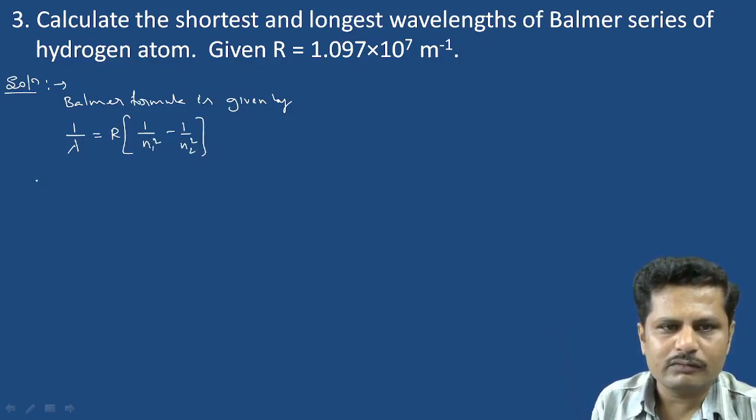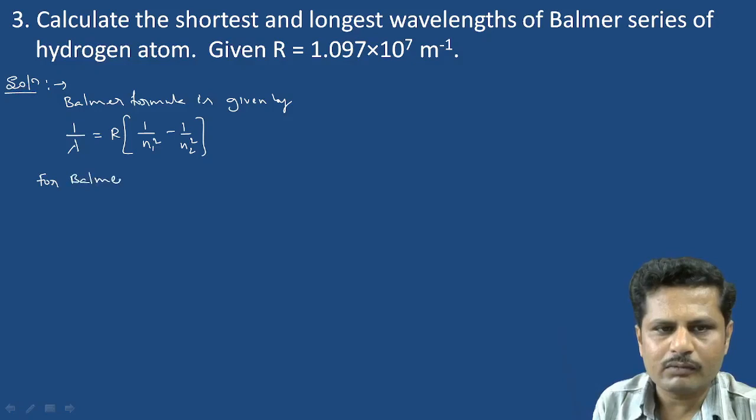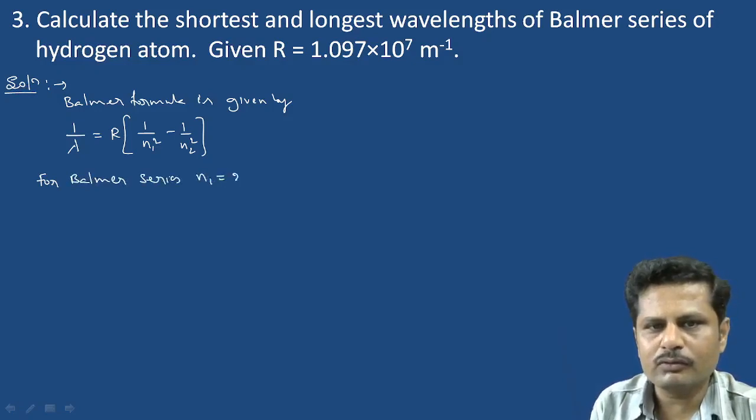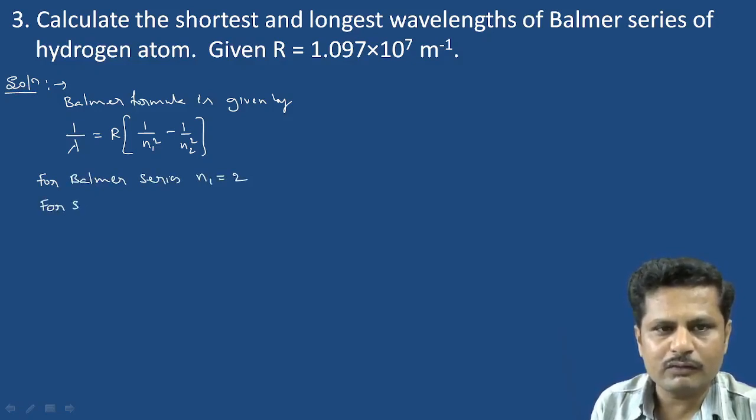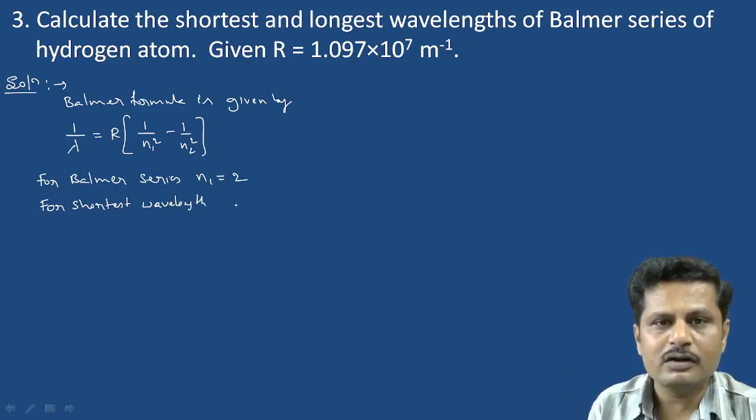For the Balmer series, N1 should be equal to 2, and for the shortest wavelength, or series limit, or the last member of the Balmer series, we should take N2 equal to infinity.